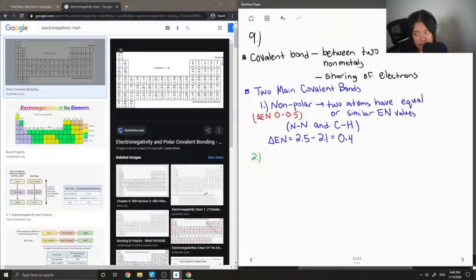So let me write out the opposite of nonpolar. The second main covalent bond is just polar covalent. And as you can guess, this is when two atoms have dissimilar electronegativity values.